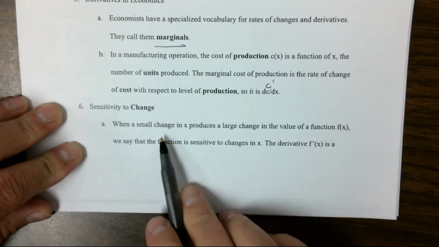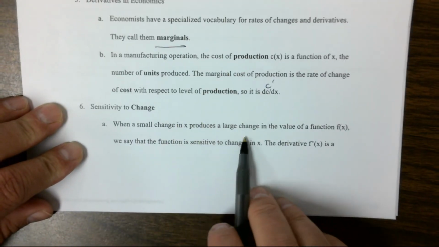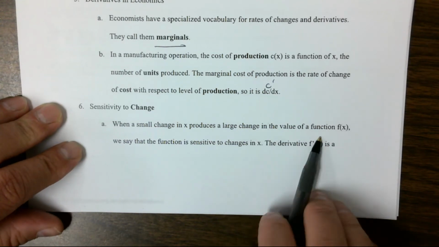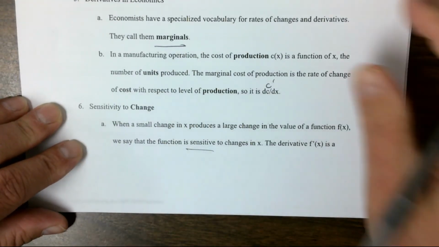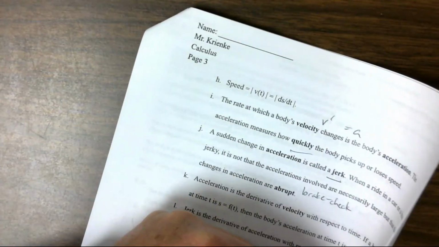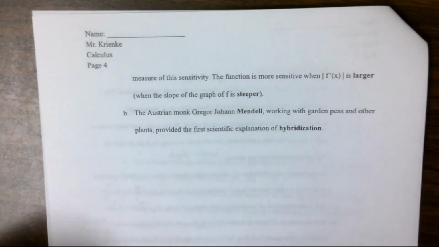When a small change in x produces a large change in the value, then it's sensitive. The derivative f prime is a measure of the sensitivity.